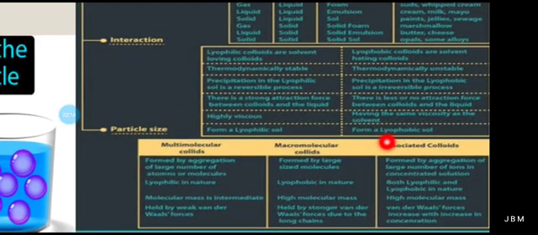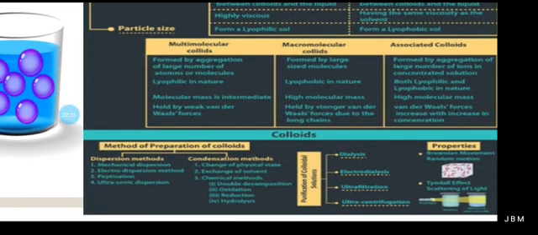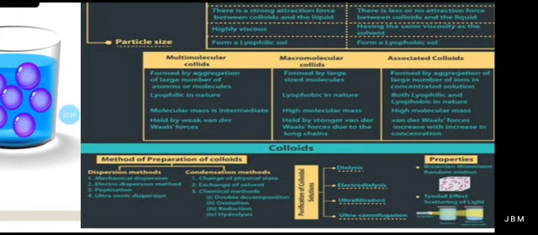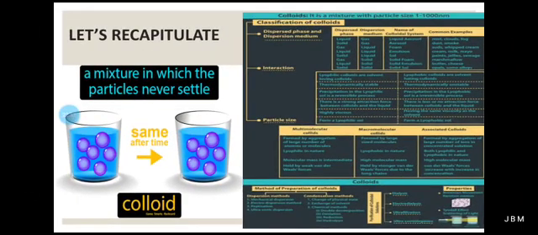I told you briefly about the different types of colloids, lyophobic and lyophilic, about which you will be studying in your senior classes. I also discussed roughly the particle size, and in the bottom you will get to know about the method of preparation of colloids and its properties. We had a brief overview of the properties.